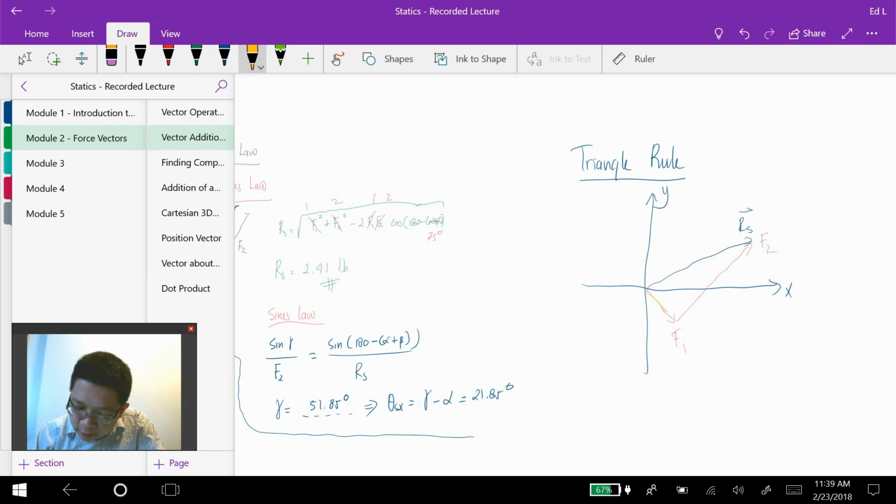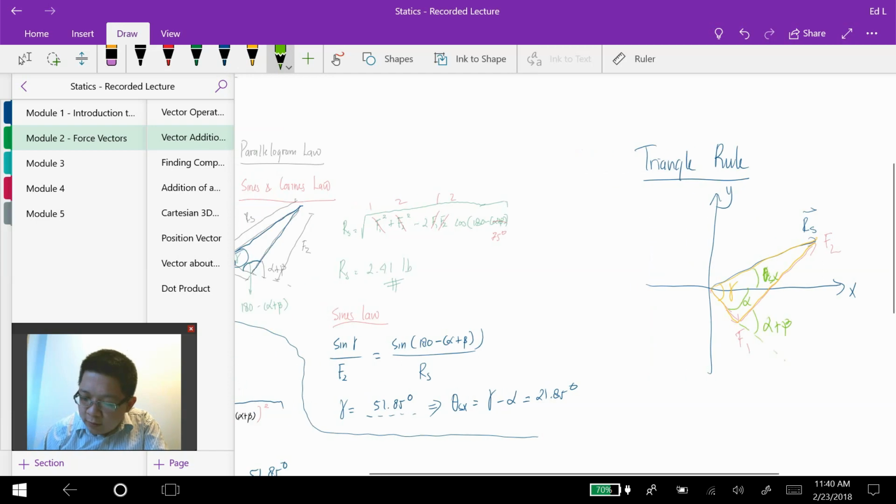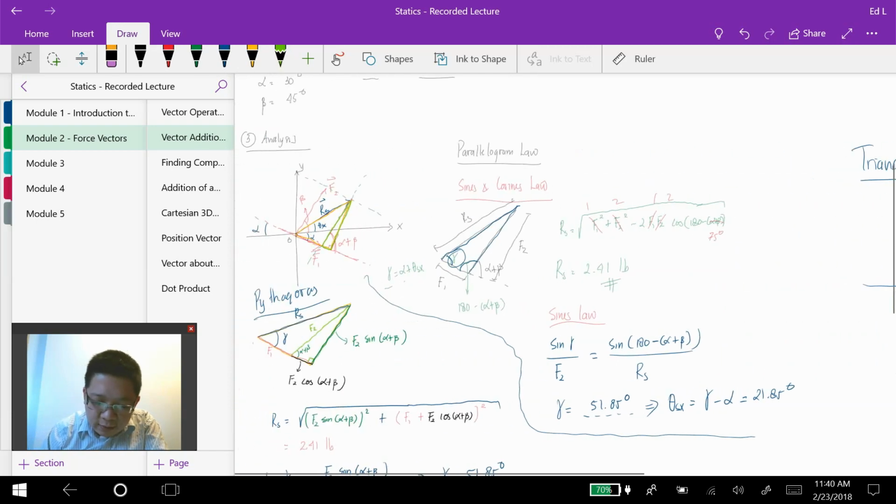This triangle right here, which is this is alpha, not alpha, it's actually gamma, and then this angle here is alpha, and this angle here is alpha plus beta, and this angle here is theta sx. Okay, which is, when you observe that triangle, exactly the same as the triangle that we draw in here.